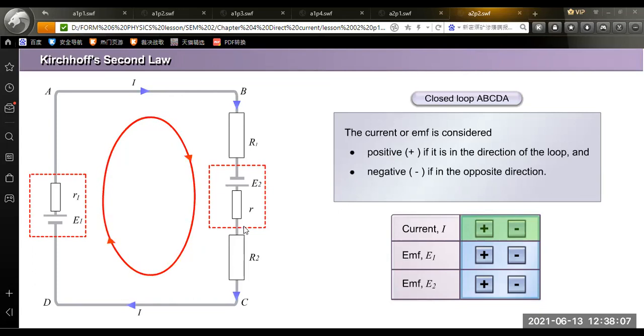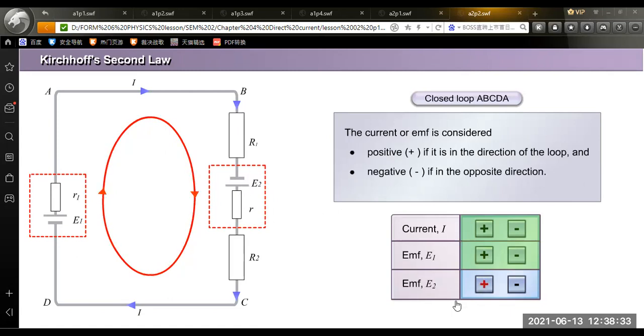How about the EMF1? Now the loop's direction, is it equal to the direction the current goes out in? Yes. So that means it will be positive as well. How about this side? The loop's direction is going down. That means on this side the current is out, this side in.